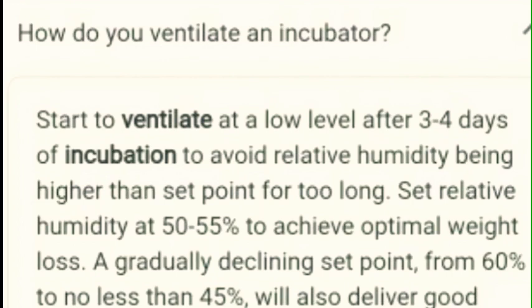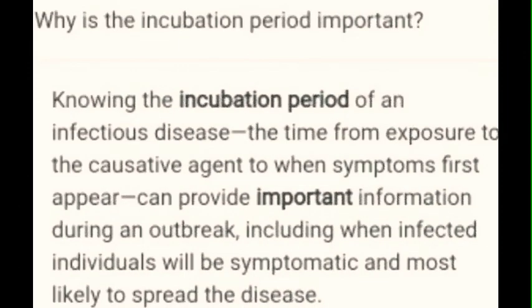Why is the incubation period important? Good question. Knowing the incubation period of an infectious disease, the time from exposure to the causative agent to when symptoms first appear, can provide important information during an outbreak, including when affected individuals will be symptomatic and most likely to spread the disease.